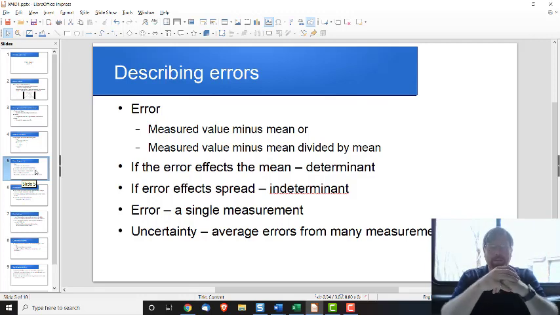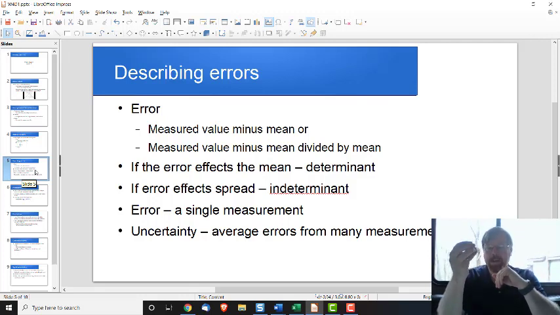Depending on several things, if we're talking about a single measurement, we're talking about an error. If we're talking about uncertainty, we're talking about the average of the errors from many measurements. So when I report a number as the concentration is 2.0 molar plus or minus 0.1, that 0.1 is the uncertainty.